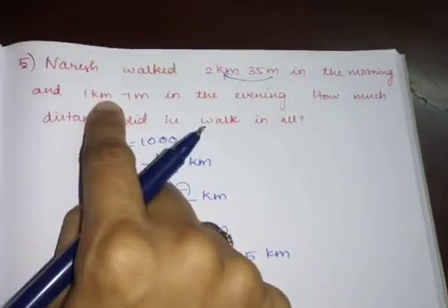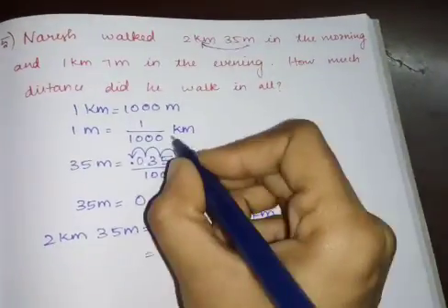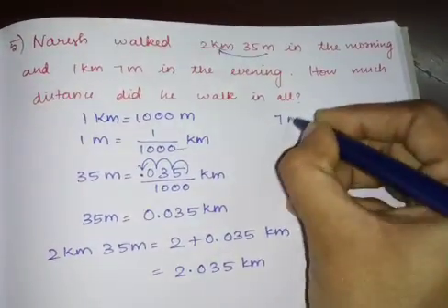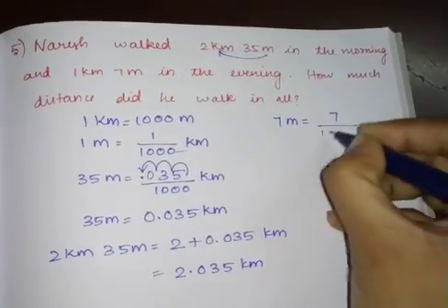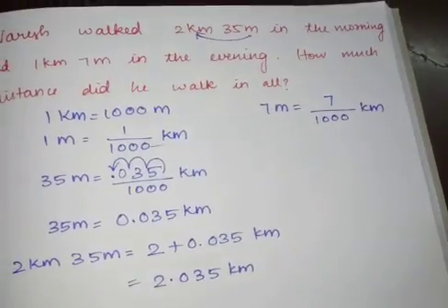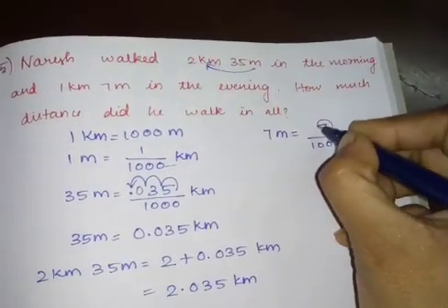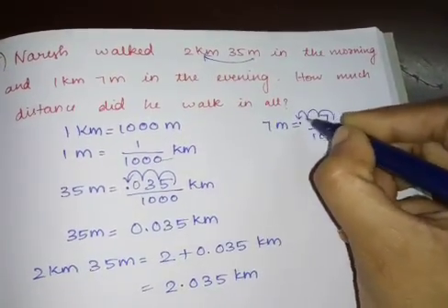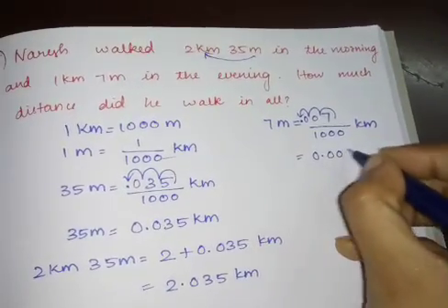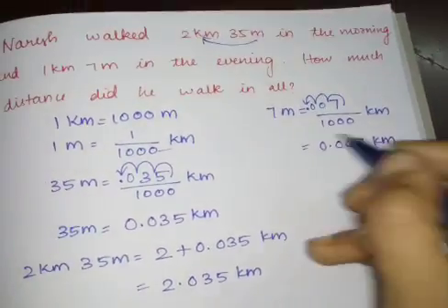Now we are supposed to convert this 1 kilometer 7 meter, the same way. 7 meter is equal to 7 by 1000 kilometer. Now 1, 2, 3, 3 numbers I'll shift it, 2 zeros extra. So 0.007 kilometer.